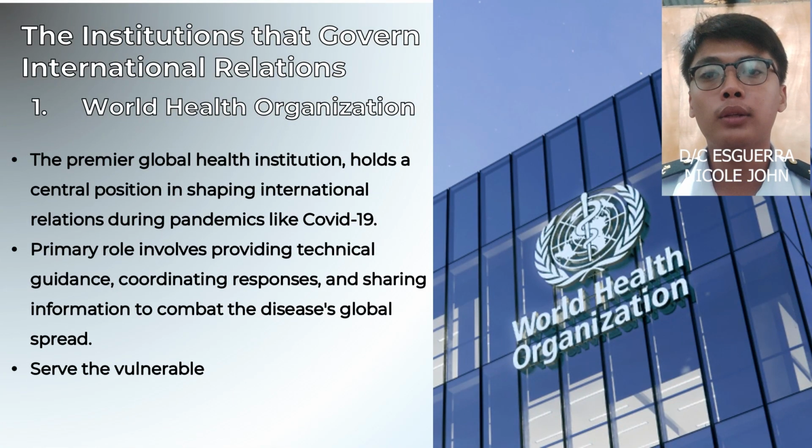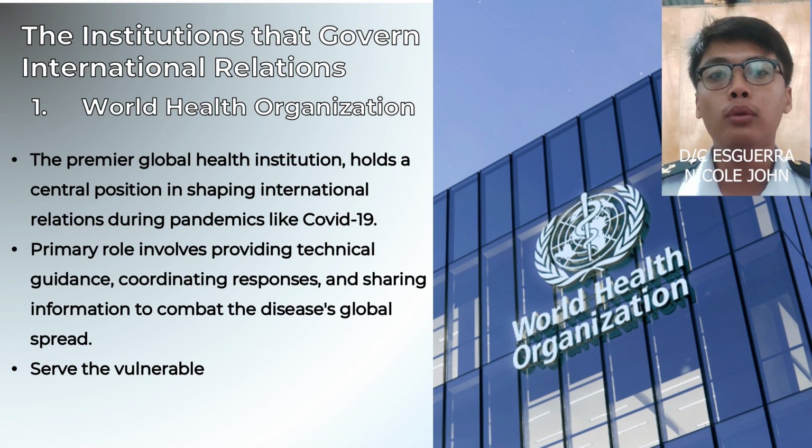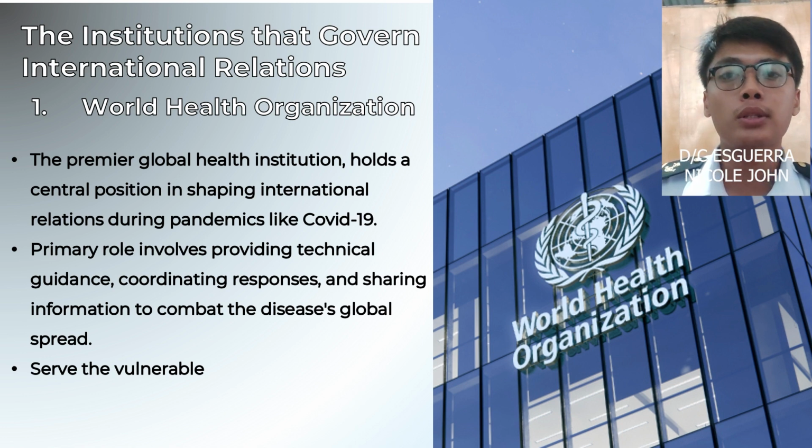The World Health Organization, as the premier global health institution, holds a central position in shaping international relations during a pandemic like COVID-19. Its primary role involves providing technical guidance, coordinating responses, and sharing information to combat the disease's global spread. However, the World Health Organization's effectiveness has been subject to criticism related to response time and transparency.